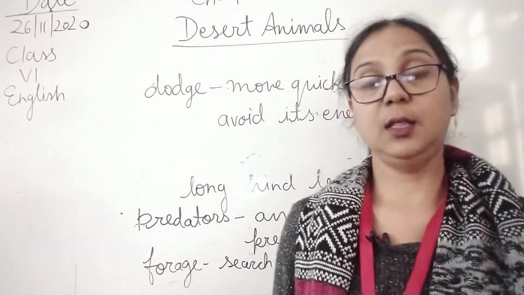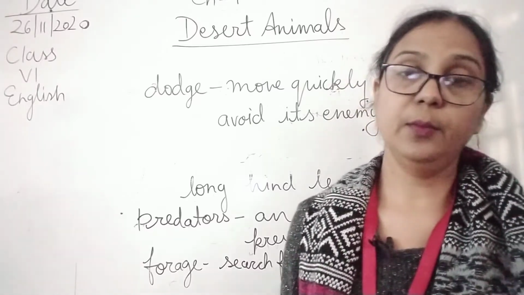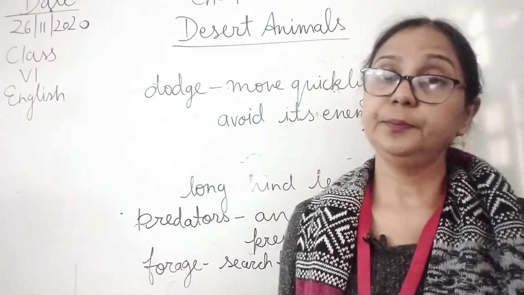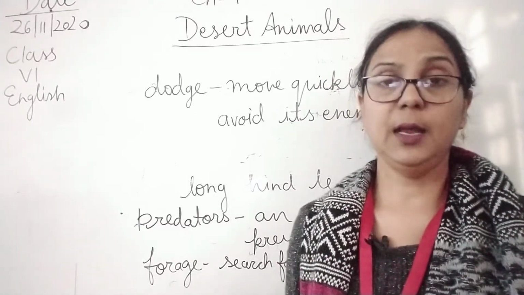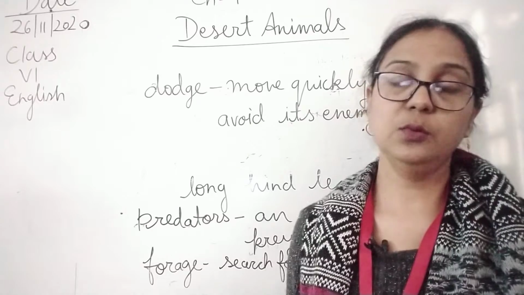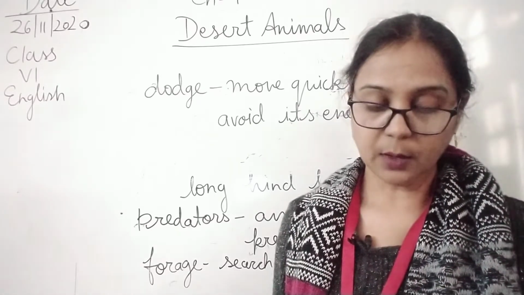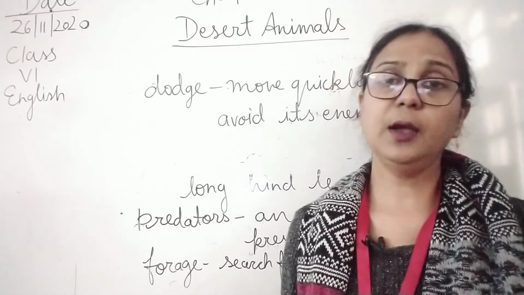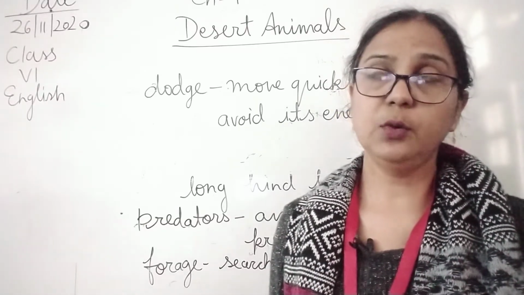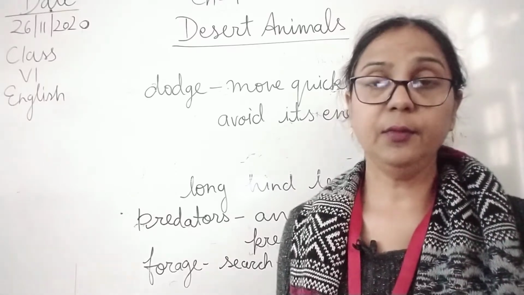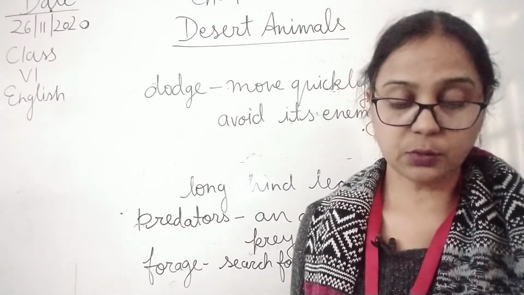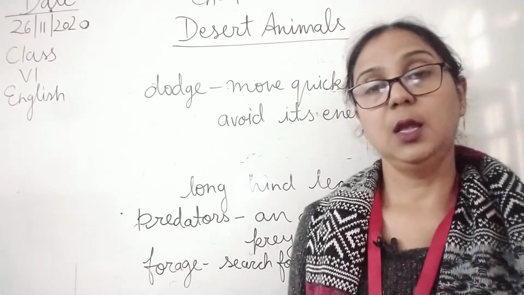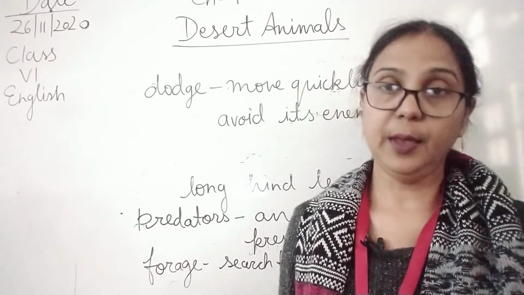So here the female mongooses give birth to many baby mongooses at a time. They bring them up with care and love, and they stay inside their burrows, inside their holes, to protect their babies.